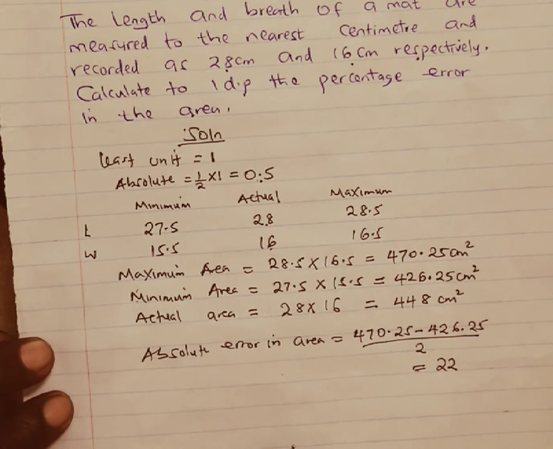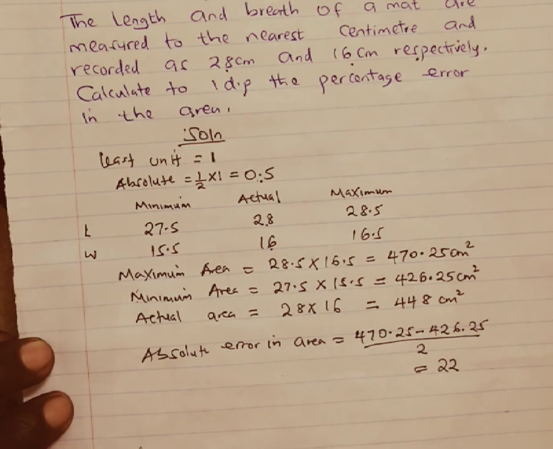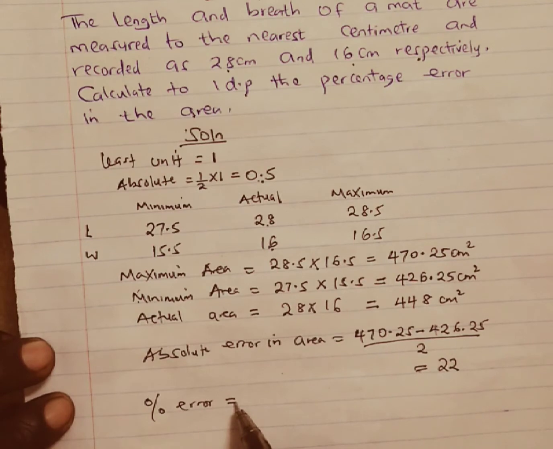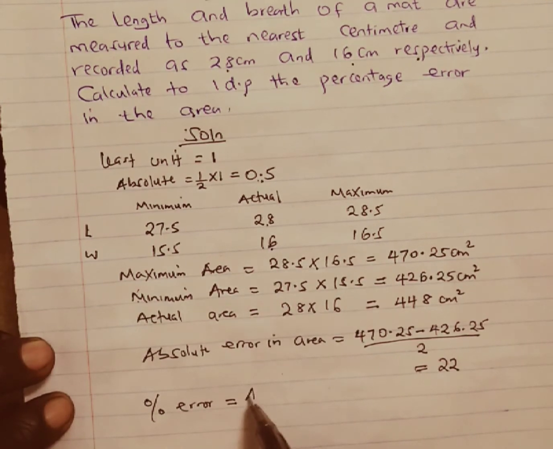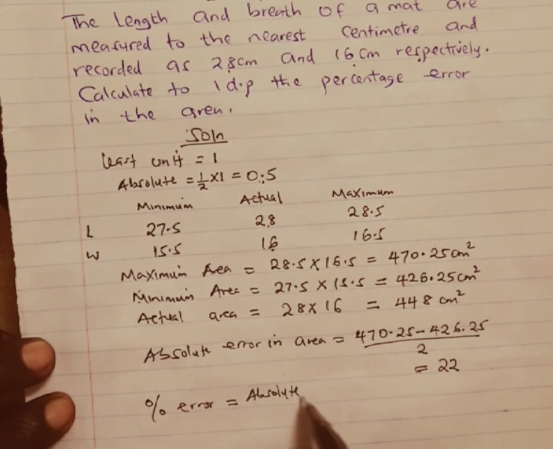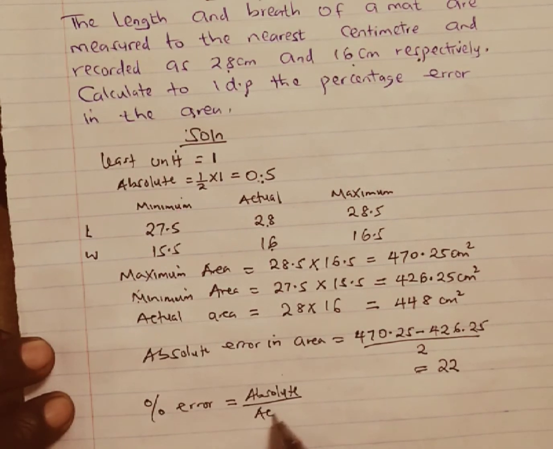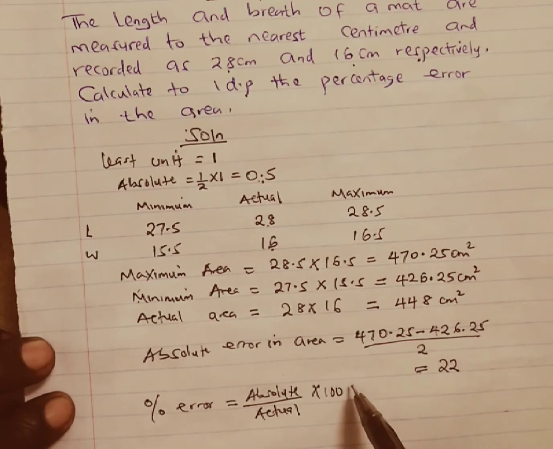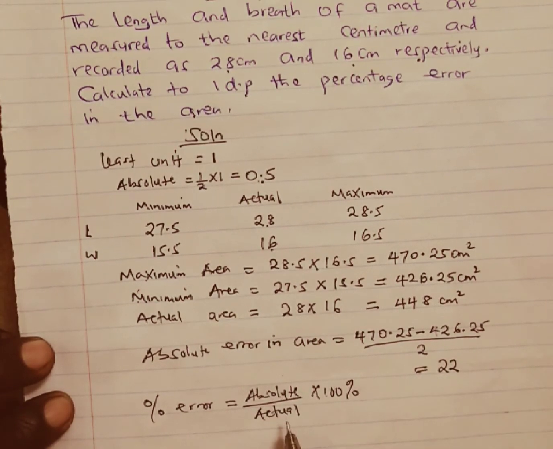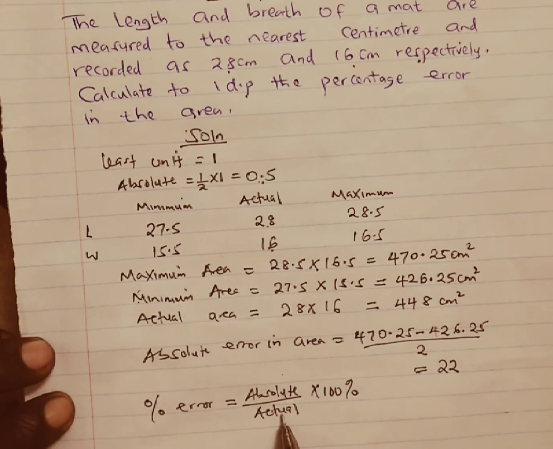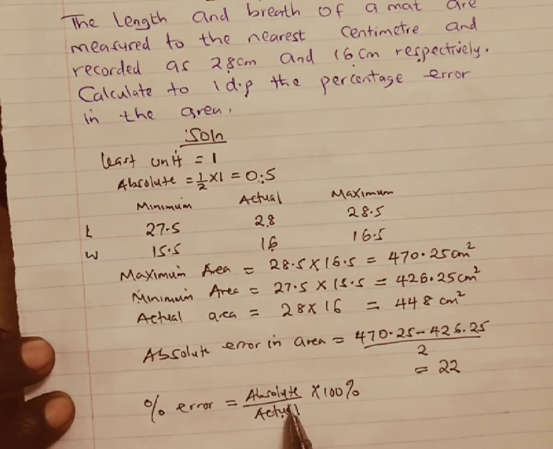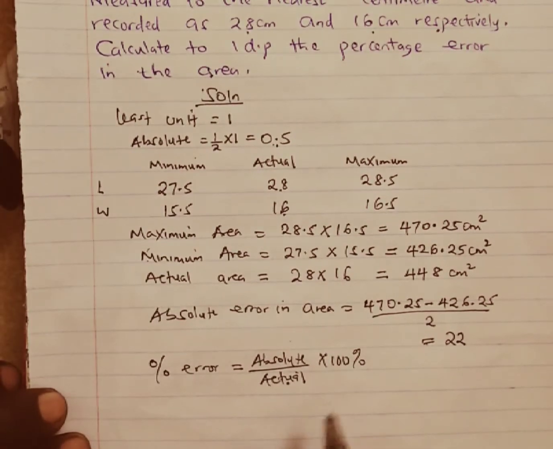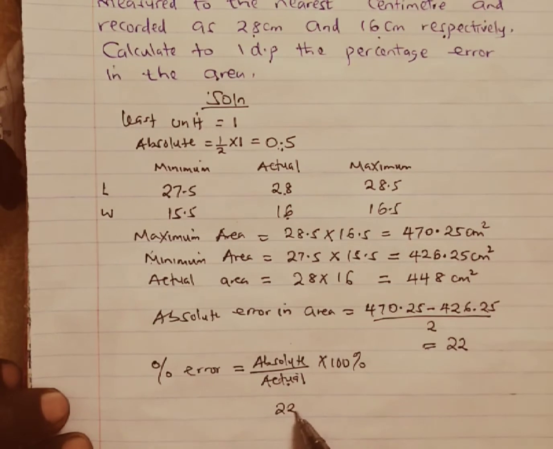But what do we need? We need the percentage error. Percentage error would be equal to the absolute error you divide by the actual, and this is multiplied by 100%, since absolute over actual will give us the relative error, and if you multiply the relative error times 100, you get the percentage error. The absolute error we have is 22.